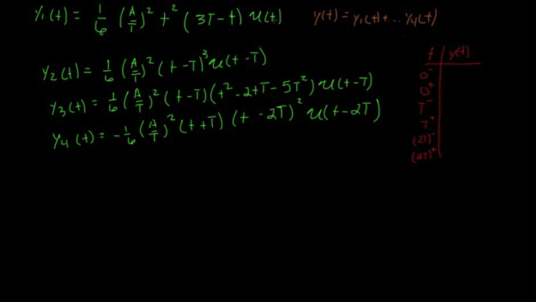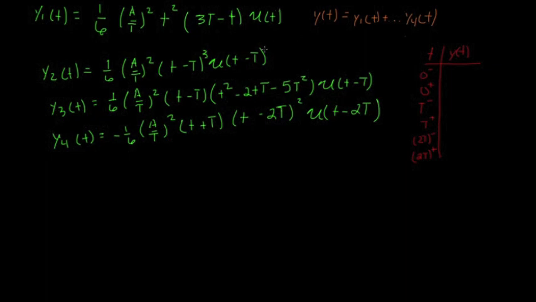Now, just to note that u of 0 minus is equal to 0, and u of 0 plus is equal to 1. That's the way I am defining the existence of unit steps, and that's the way most electrical engineers define the turning on or turning off of a function.